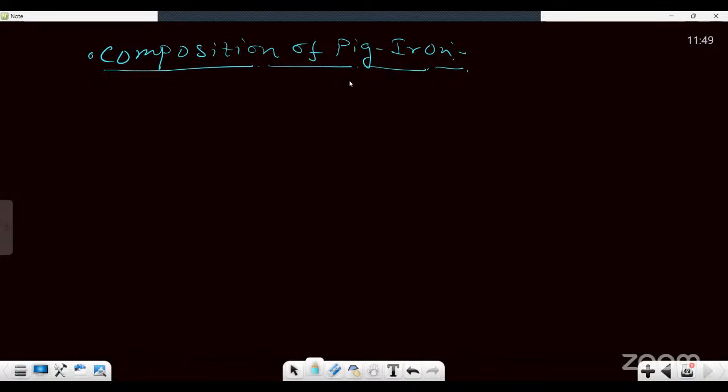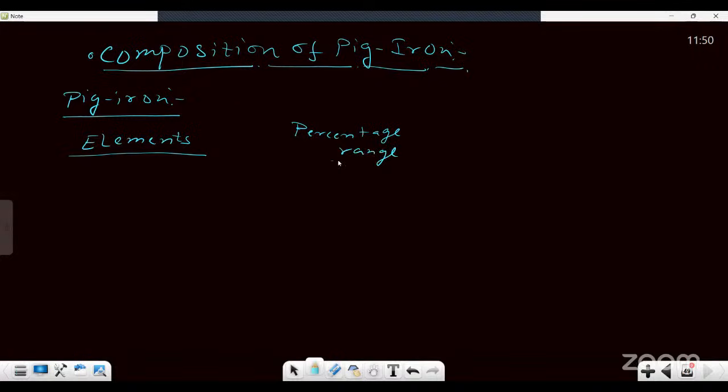That is what is basically pig iron. So it contains high amounts of carbon with multiple impurities. It is having a lot of impurities. Let us now see the elements which are mostly there in the pig iron, and we will also look at their percentage range, followed by the role or effect.